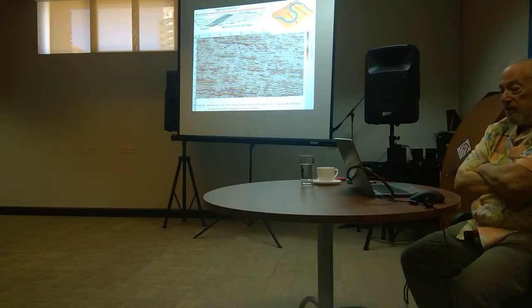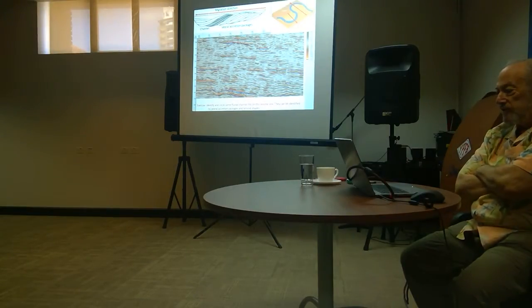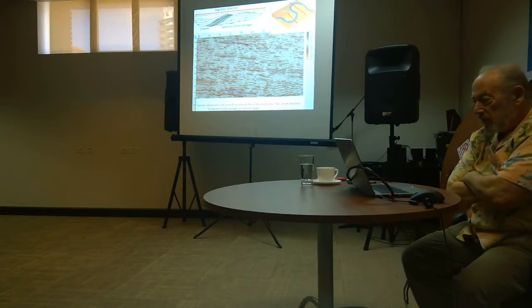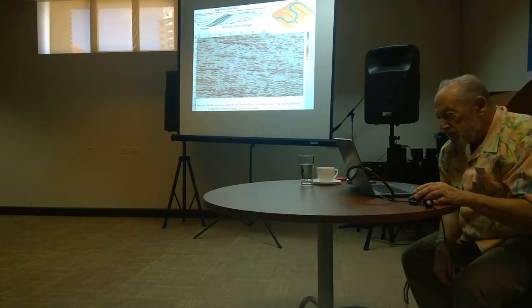And what you can see is the lateral accretion packages, and you can also see the channels, the configuration of the channels. So take a look for a minute, then I'll show you a couple of them.